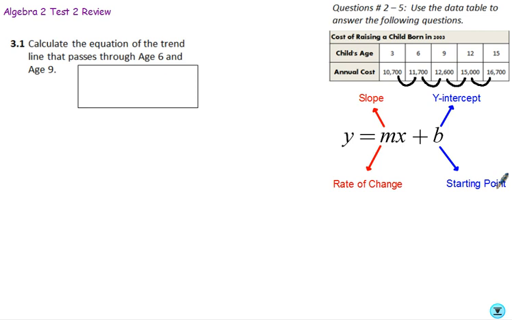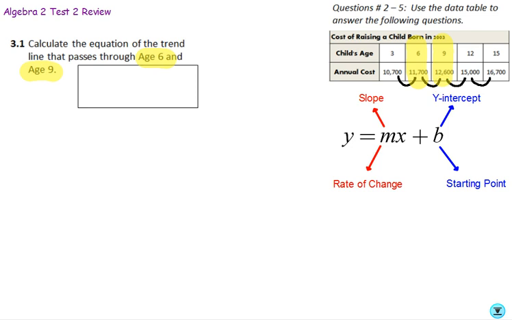All right. So how do we figure out the rate of change? Well, we've got to pick 2 points and figure out how it does change in between those 2 points. So the problem actually tells us 2 points to use, just so we can keep the numbers clean and consistent. They say use age 6, and use age 9.